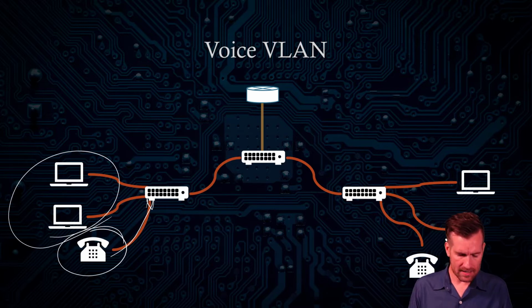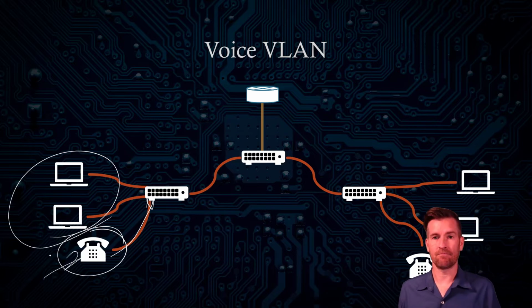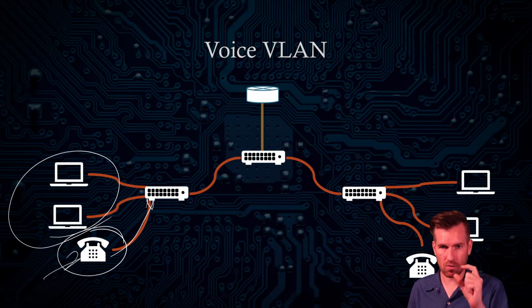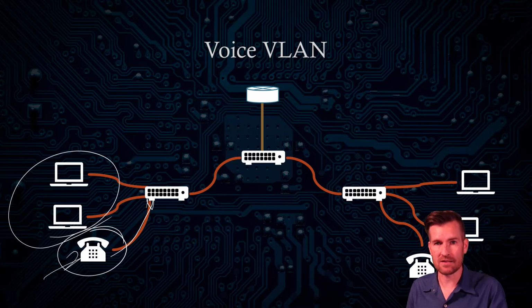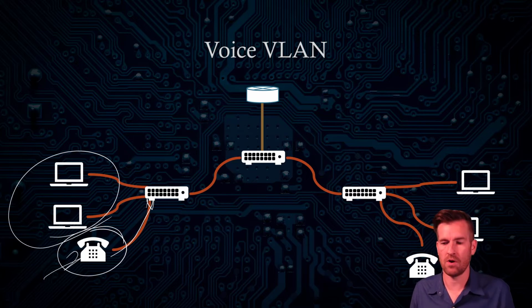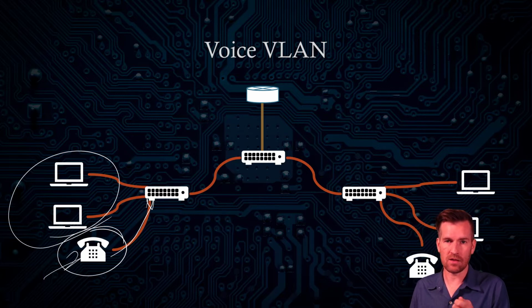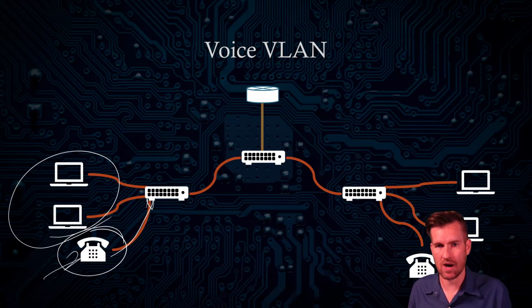But the voice and conferencing VoIP traffic that goes across your network is time sensitive. To have quality voice conversations, you need to prioritize those packets and make sure they get through before the rest of your devices. So that's your voice VLAN. Typically, you could have multiple voice VLANs, but it depends on your setup. A lot of businesses will just have one voice VLAN that will prioritize that voice traffic.